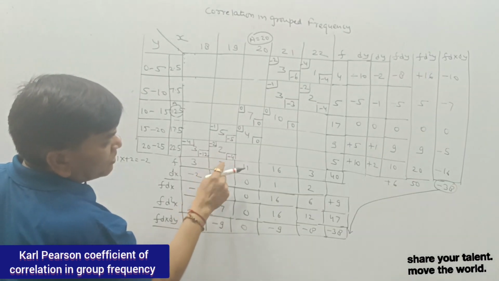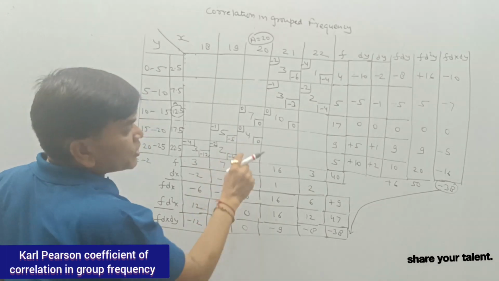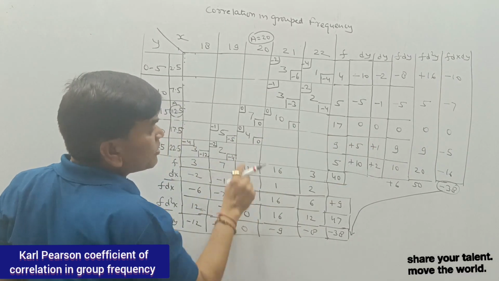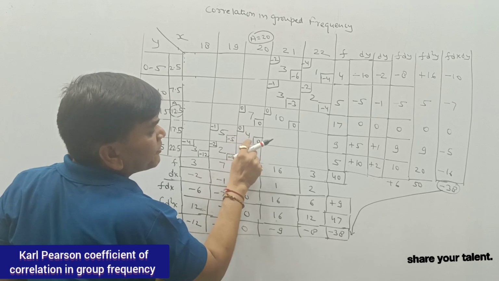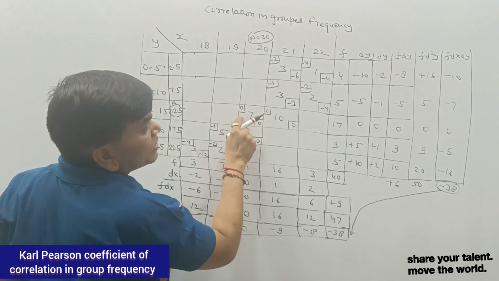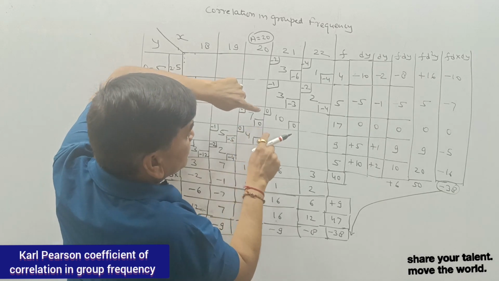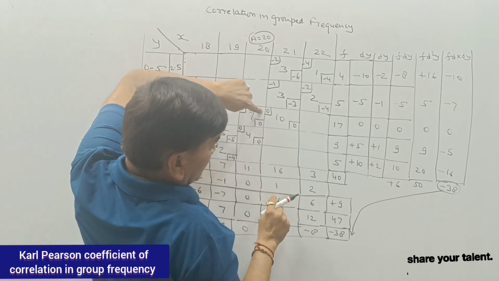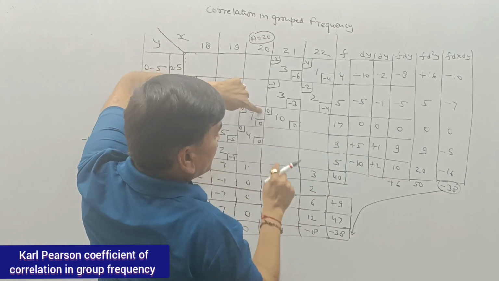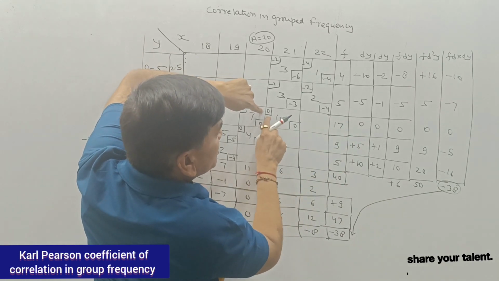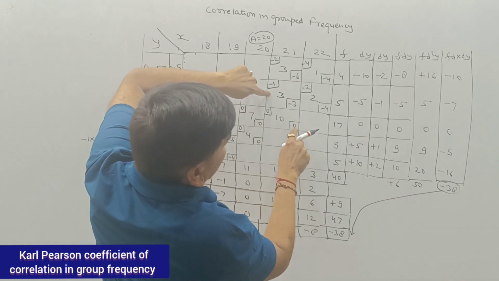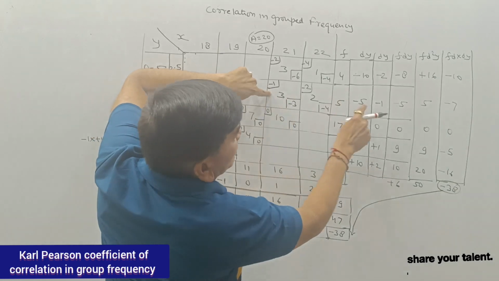Here the value is 2, already we have discussed. Here the 0, there is 1. So 0 multiplied by 1 is 0, 0 multiplied by 4 is 0. Here 0 and 0, 0 multiplied by 0 is 0, 0 multiplied by 7 is 0. Here 1 is there, but here 0, so 1 multiplied by 0 is 0, 0 multiplied by 10 is 0. Here 1 is positive and minus 1.